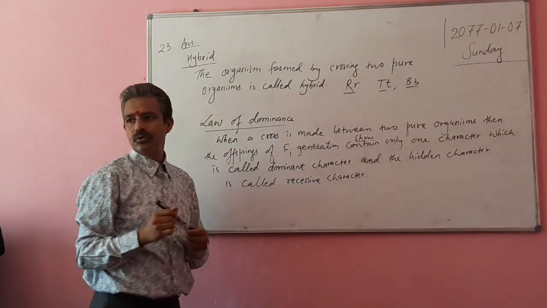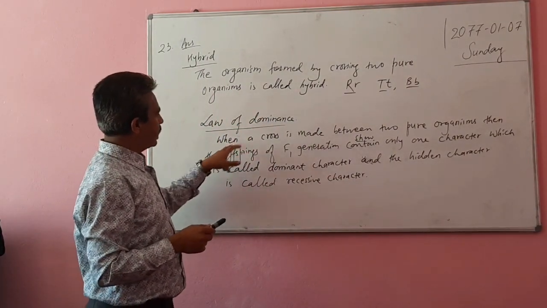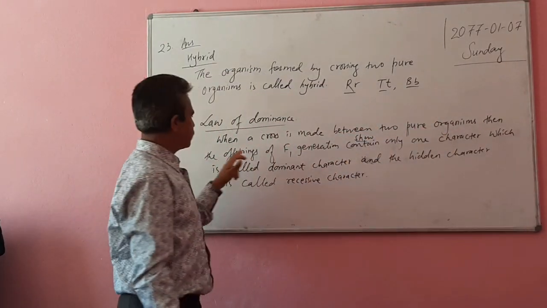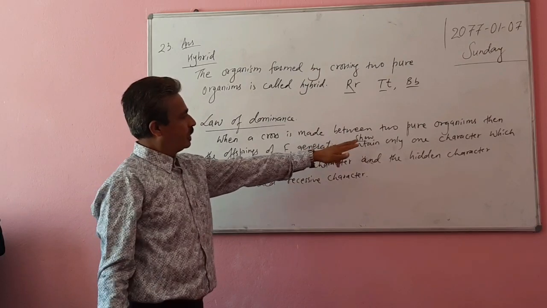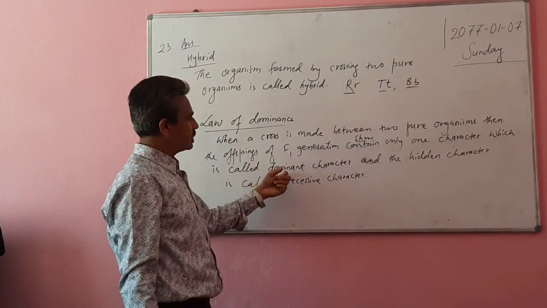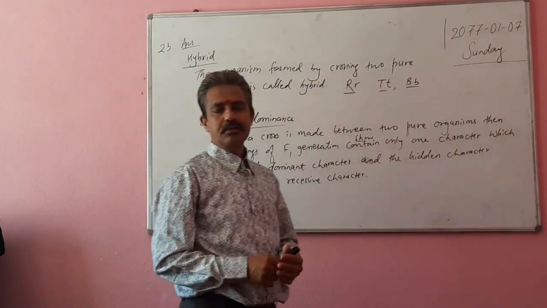What do you call it? Recessive character. The law of dominance states that when a cross is made between two pure organisms, the offspring of the first generation show only one character, which is called the dominant character, and the hidden character is called the recessive character.